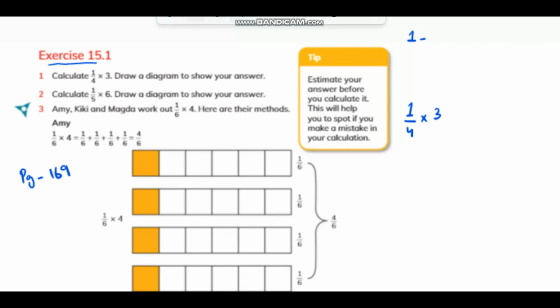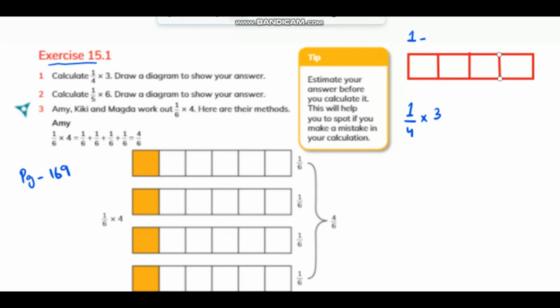I hope you remember. 1 by 4 means how many parts total do we have? Yes, 4. Draw 4 total parts here: 1, then draw with me 2, and the last ones are 3 and 4. The total parts are 4.